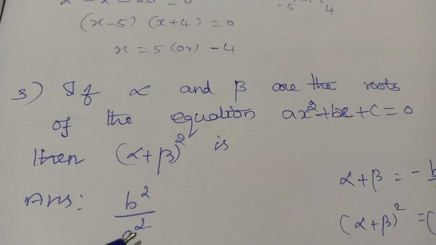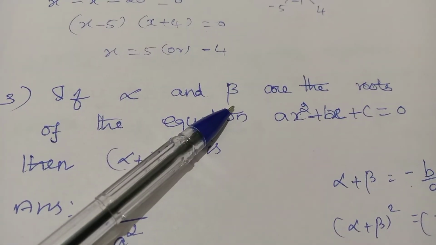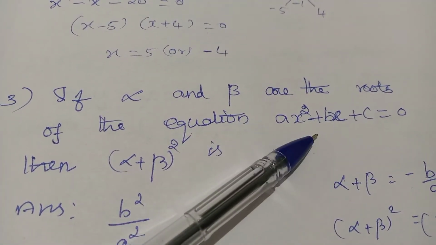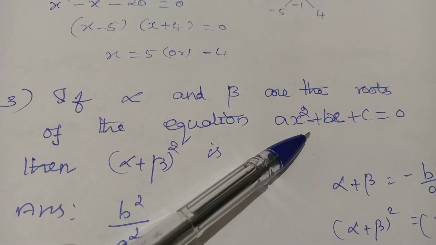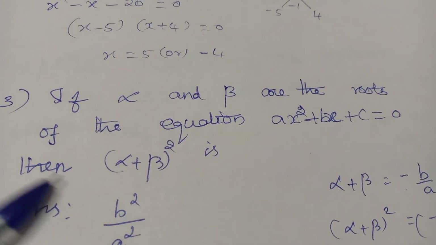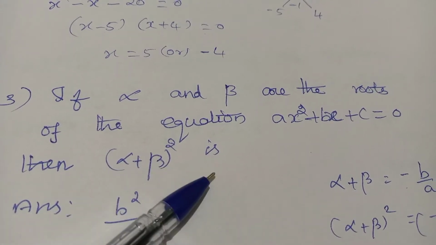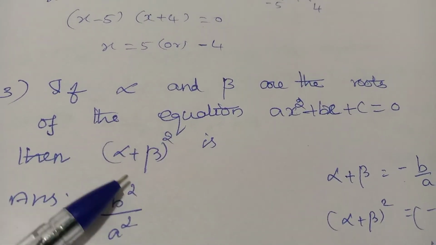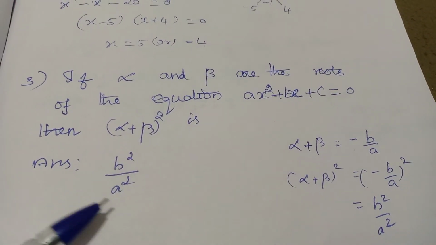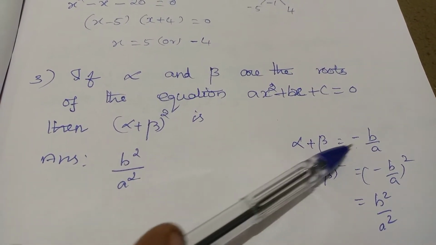If alpha and beta are the roots of the quadratic equation ax square plus bx plus c equal to 0, then what is the value of alpha plus beta the whole square? Usually we know the sum of the roots alpha plus beta equals minus b by a.